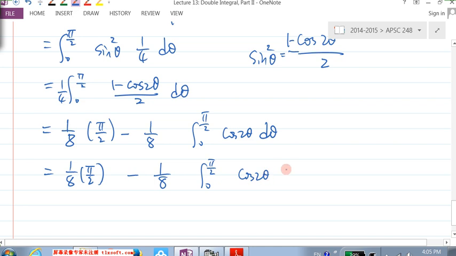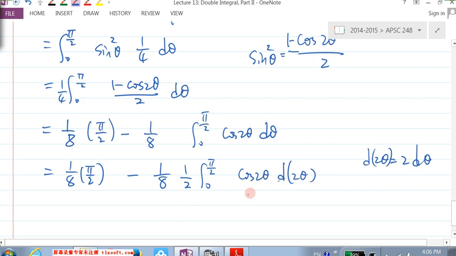I'm changing the theta to 2 theta because I got a 2 here, and d 2 theta equals 2 d theta. But I'm adding a 2 here. I can't add a 2 because there's no 2, so I divided by a 2 here to get rid of this 2. But now I got cosine 2 theta and d 2 theta, same variable, 2 theta.